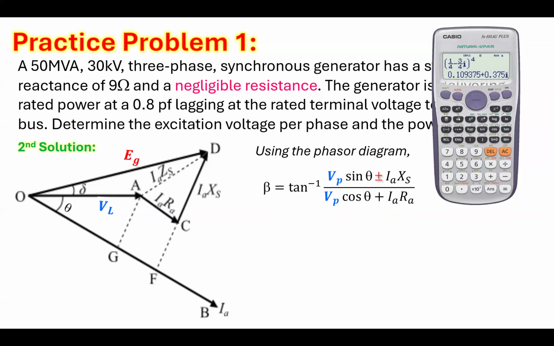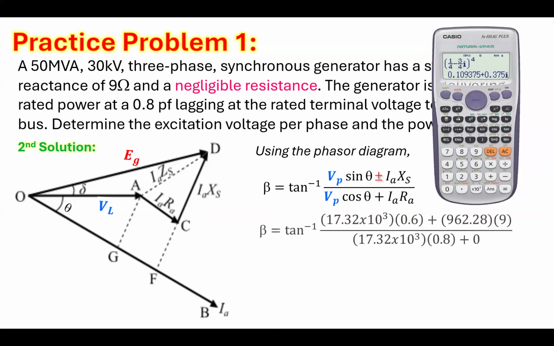So beta is equal to arc tangent of (V_P sine theta plus or minus I_A X_S) all over (V_P cosine theta plus I_A R_A). You will notice we have a plus or minus. If positive, that is lagging, and if leading power factor, we use negative. Since we have a lagging power factor, the sign we use is plus.